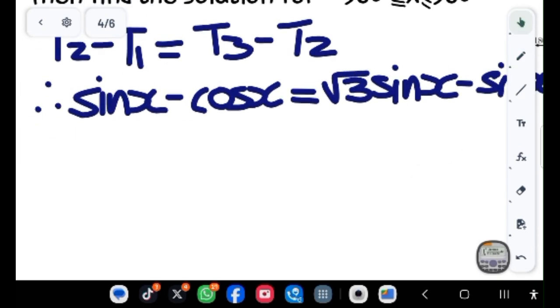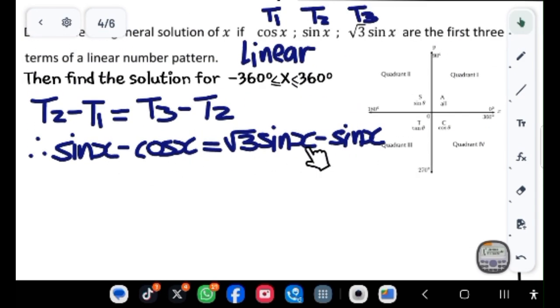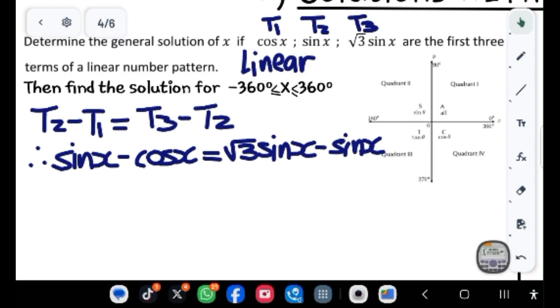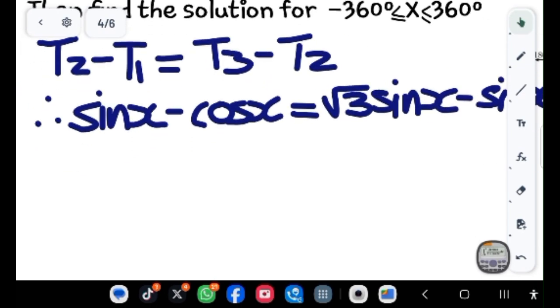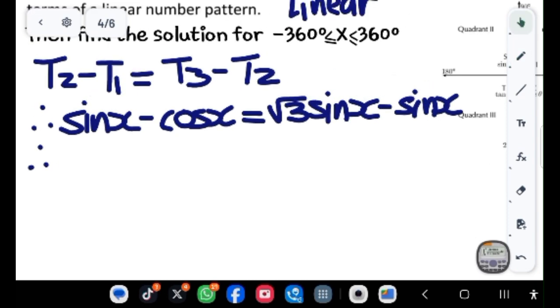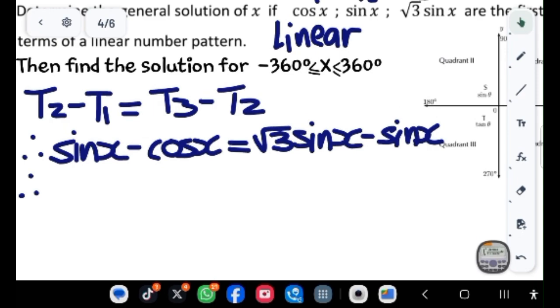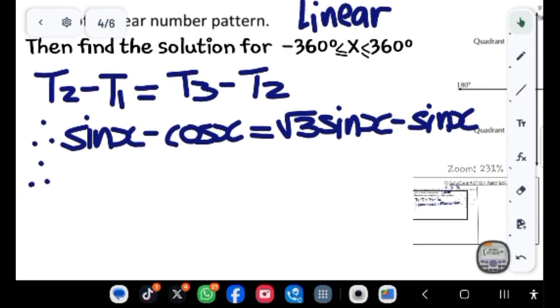Okay, here is a shortcut. Now you end up with a situation where you've got two trigonometric ratios, one cos and the other one sin. It becomes a very difficult equation to solve this way. So what we do is we change this into a single trigonometric ratio.